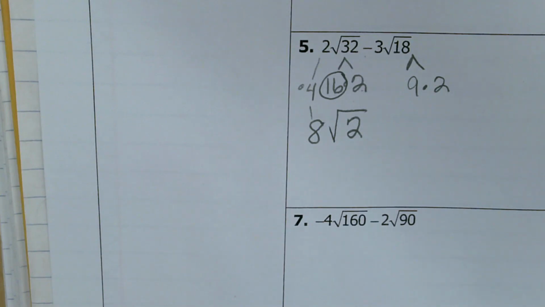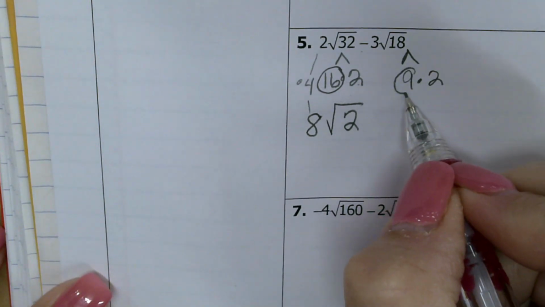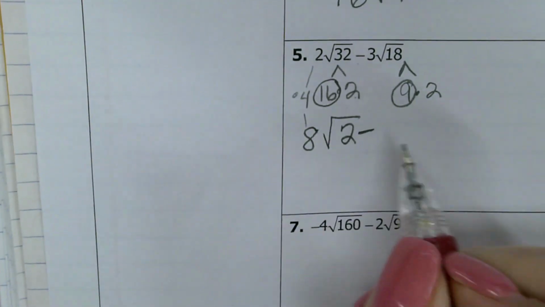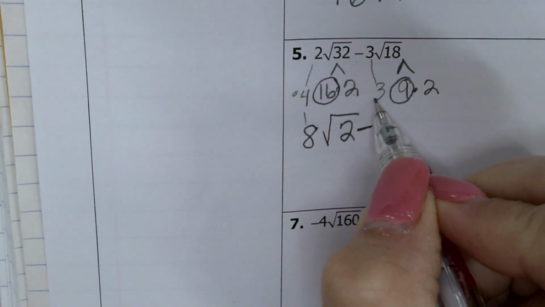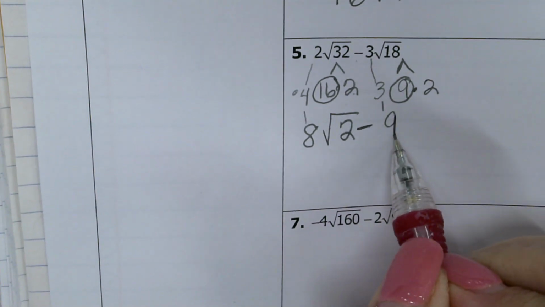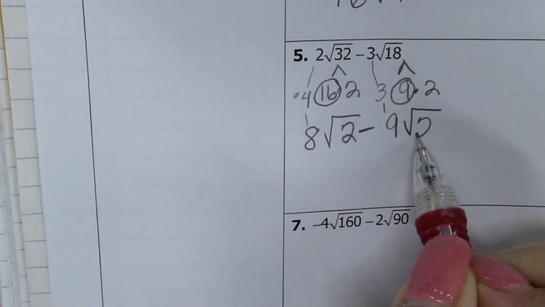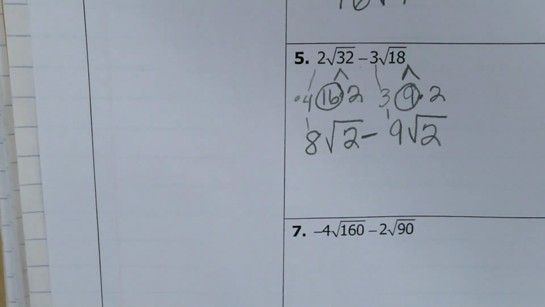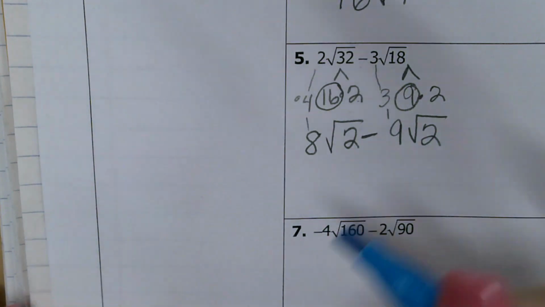Okay? So, perfect square 9, square root of 9? 3. Okay, so 3 times 3, what's that? 9. Square root of 2. Can I combine? Okay, combine them.